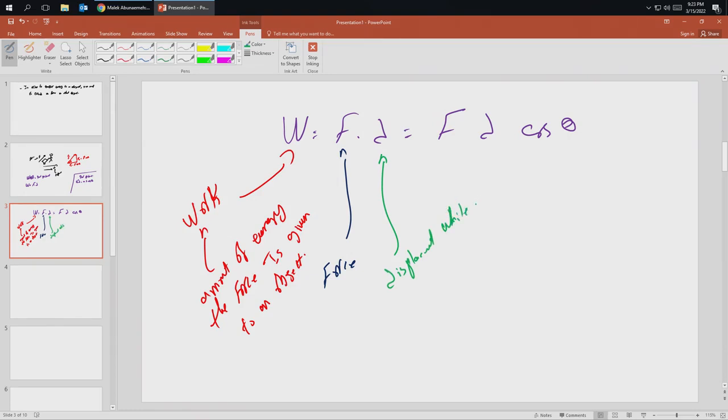So if we want to calculate the work, and your last but not least, your theta, the angle between the force and displacement of the object.